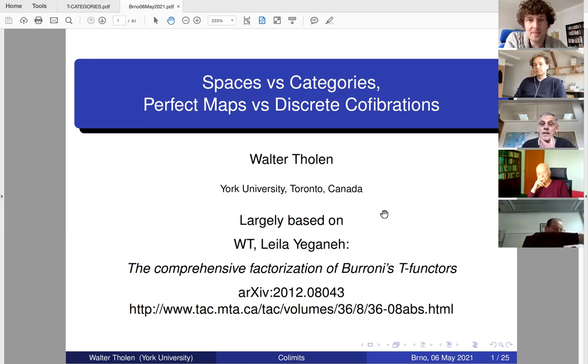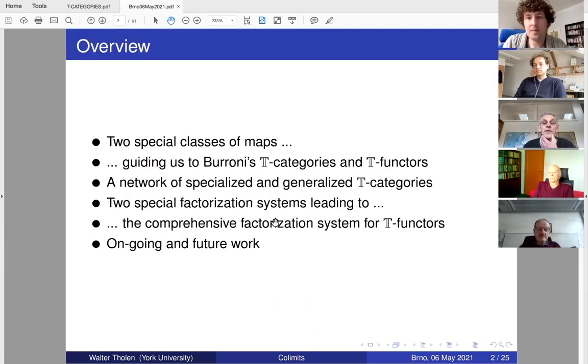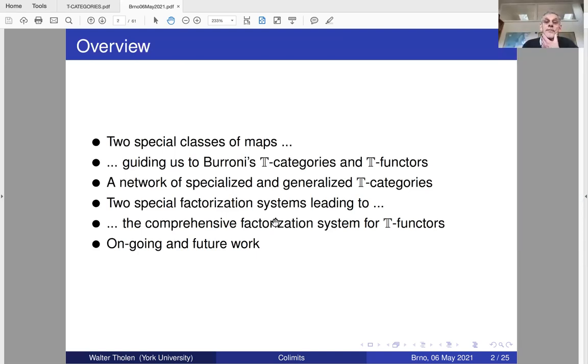So let me start with two classes of maps that I use sort of as a platform to get into Burroni's T-categories that he introduced in 1971, though it's quite an old subject.